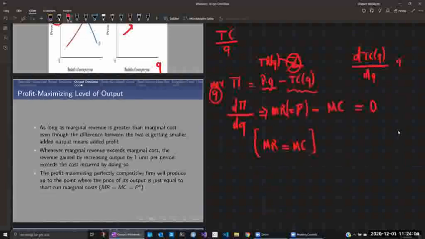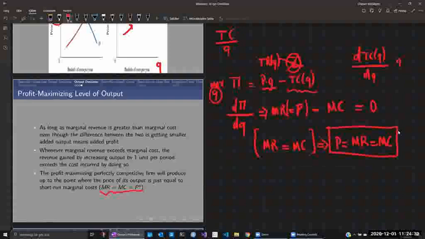But in particular for perfectly competitive markets, since I know that price is equal to marginal revenue, then I can also say that the profit is maximized when marginal cost is equal to price. Okay, so this is the profit maximization rule for a perfectly competitive firm.